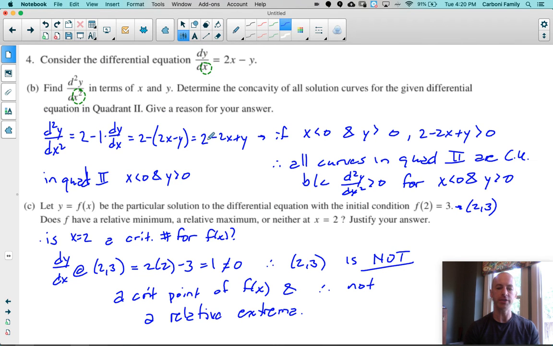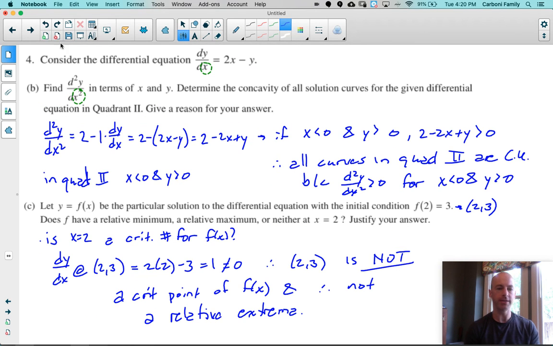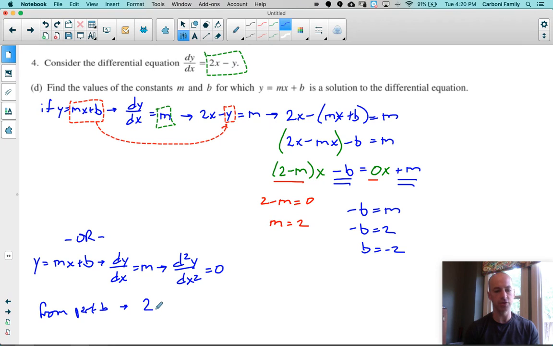We had an equation, 2 minus 2x plus y, for the second derivative. So from part B, I can now say that 2 minus 2x plus y is equal to 0. And if I solve that for y, I get y is equal to 2x minus 2.